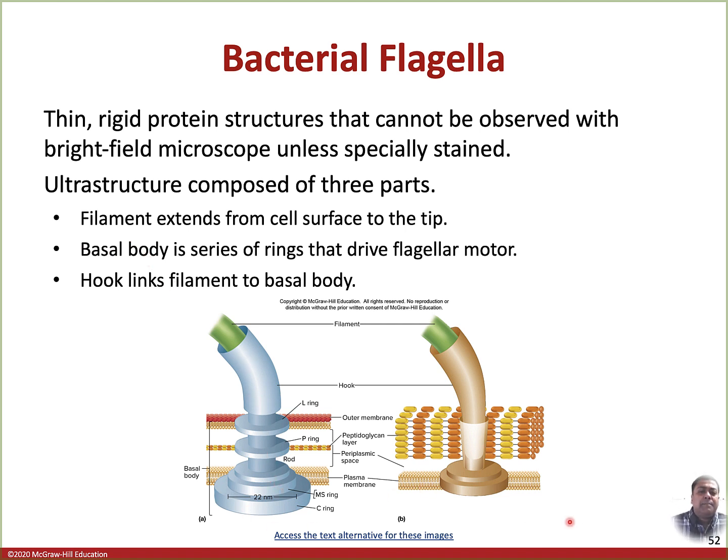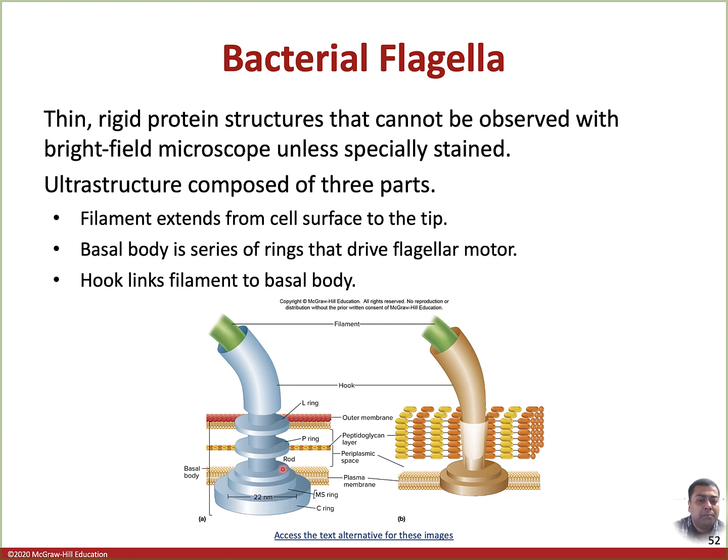Now, this basal body in the gram-negative bacteria has multiple rings. You can see that the L ring is present in the lipopolysaccharide layer, the P ring is present in the peptidoglycan layer, and then you have the MS ring. This is actually called the membrane spanning ring, and the C ring is a cytoplasmic ring, extended towards the cytoplasm.